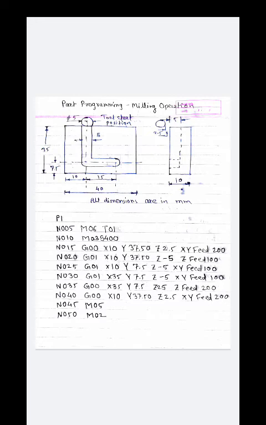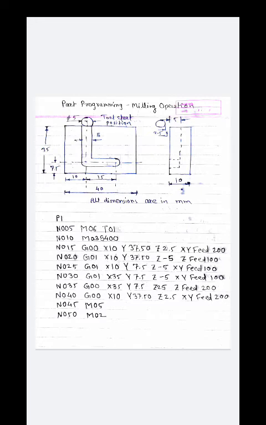Okay, and in this we are supposed to make an L shape cut having a 5 mm width by using the 5 mm diameter end mill cutter. Okay, here the tool's start position is given. Okay, so now we are supposed to start the programming.